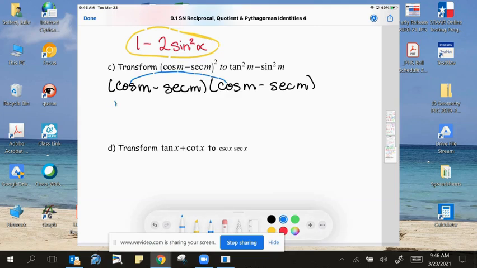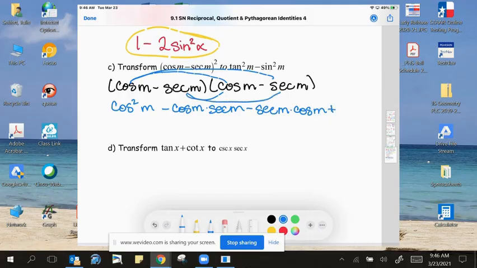Cosine times cosine, cosine squared m. Cosine times minus secant, minus cosine m times secant m. Then minus secant m times cosine m, and then plus secant squared m. All we did there was double distribute.